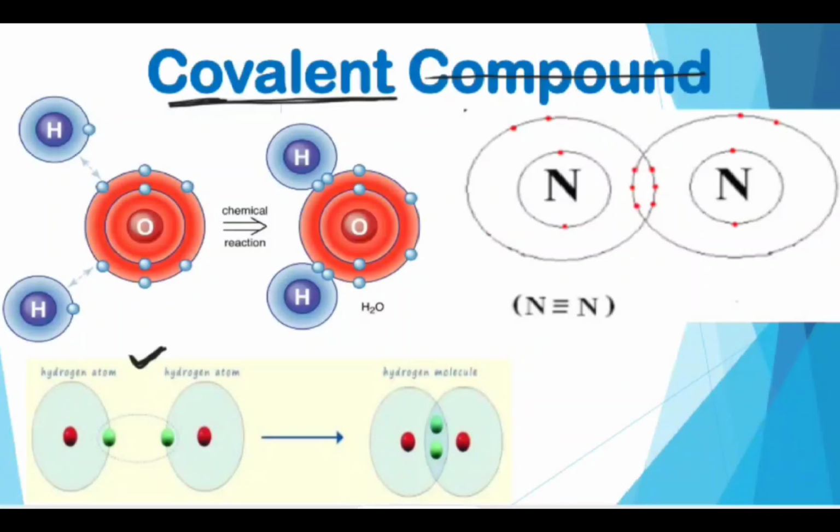It needs one more electron to become stable, and to exist freely in nature. So what they do is they move into a sharing mode.